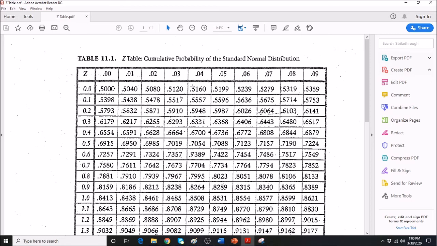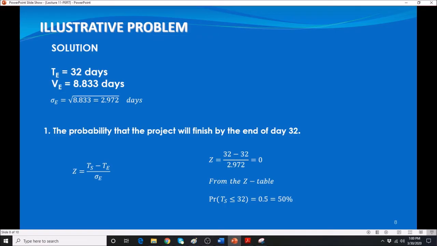What I do is draw a horizontal line across, and then draw a vertical line underneath your 0.05, and the intersection of those two is the probability value of a given time.